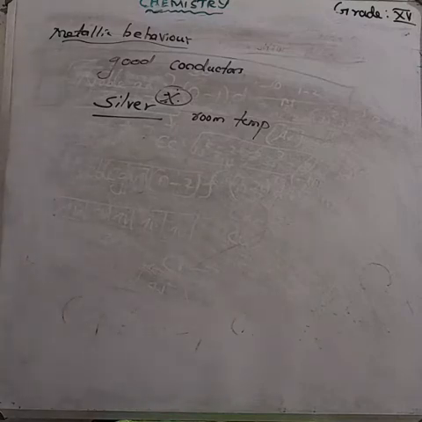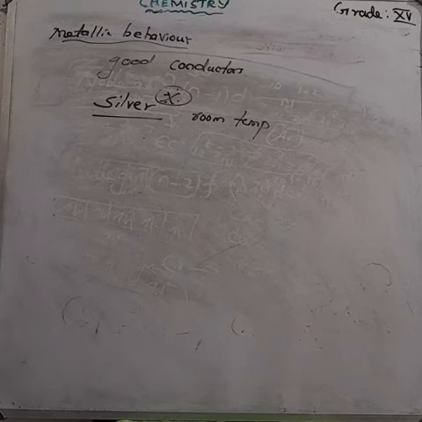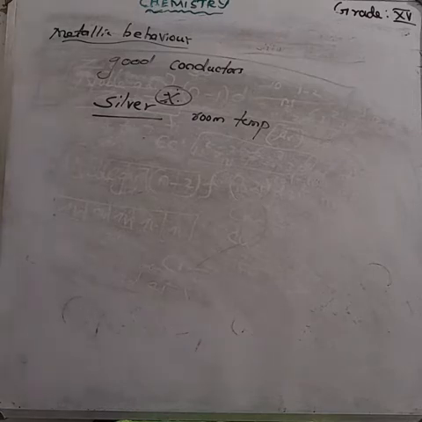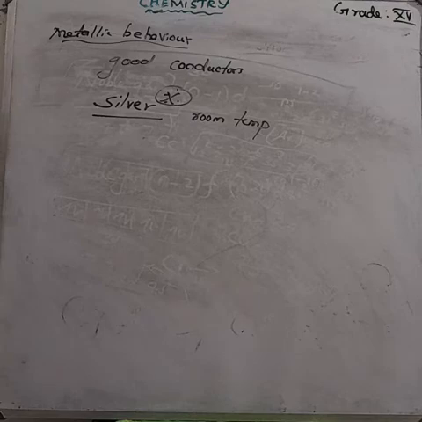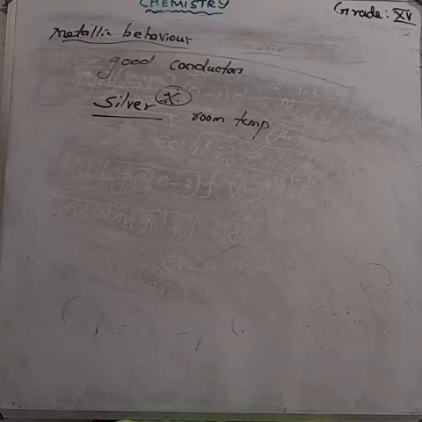For example, scandium, in green color. Some elements are scandium, titanium, ytterbium, zirconium, hafnium, etc., and also cobalt. These are all HCP, hexagonal close packed.